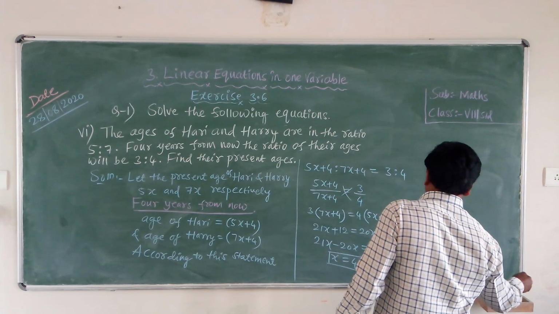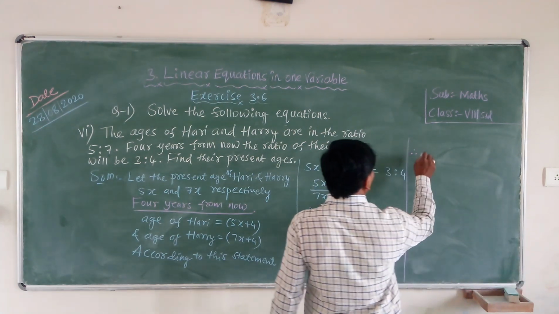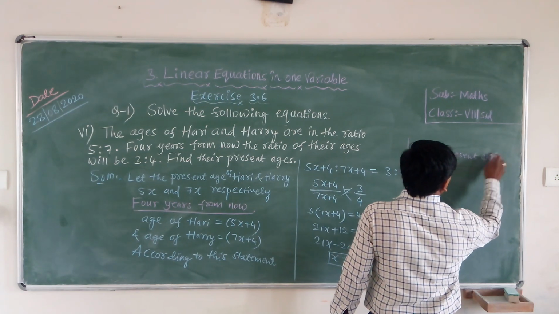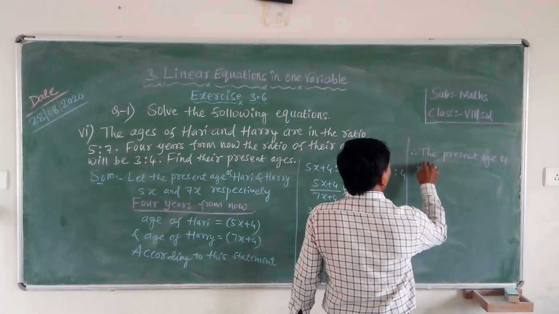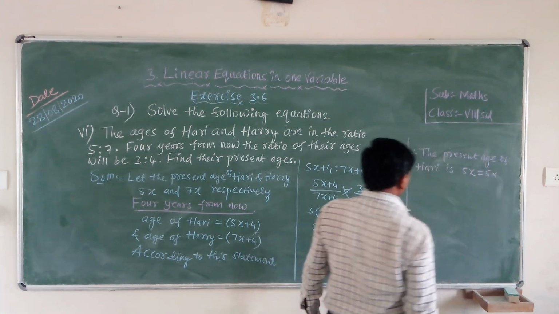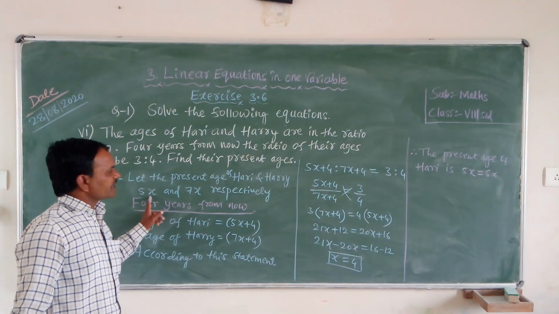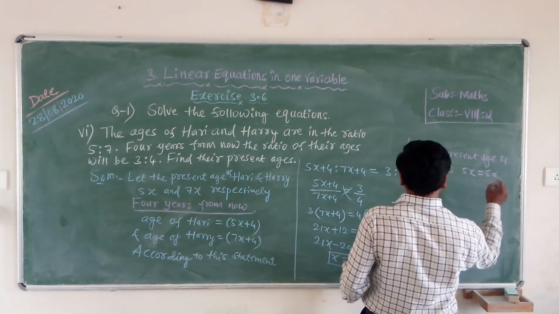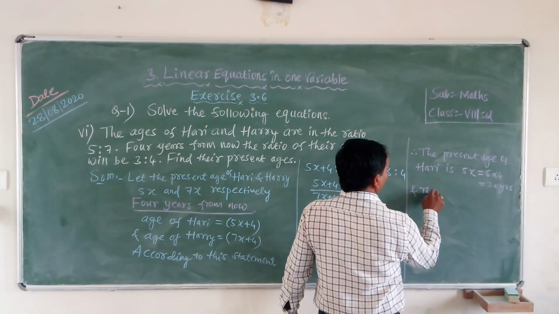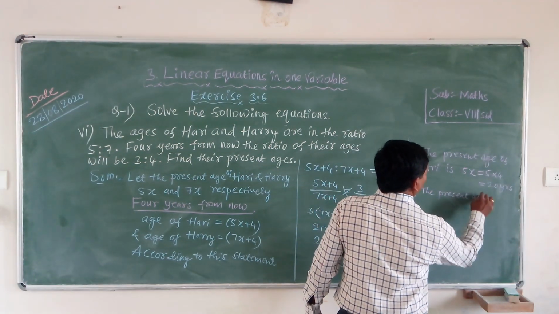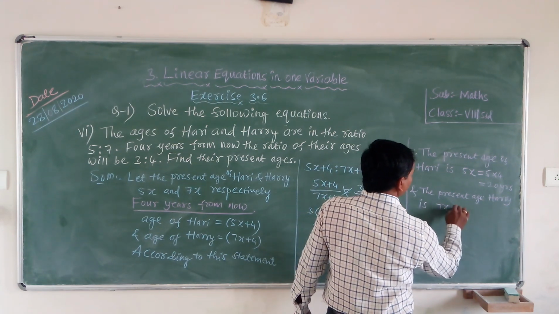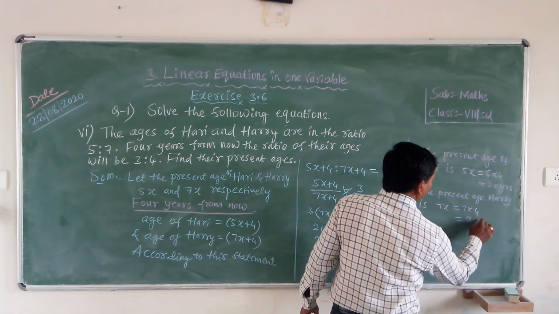Therefore the present age of Hari is 5x, which is equal to 5 into 4, 4 fives are 20 years, and the present age of Harry is 7x, which is equal to 7 into 4, 7 fours are 28 years.